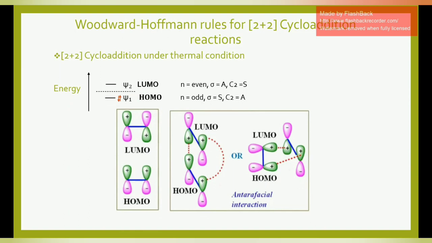So Ψ1 acts as HOMO while Ψ2 acts as LUMO. During cycloaddition, HOMO of one ethylene molecule combines with the LUMO of the other. Since LUMO and HOMO have two different symmetries, the allowed bonding interaction will be antarafacial, which is not possible in small ring systems like cyclobutane. So 2 plus 2 cycloaddition is thermally not allowed.